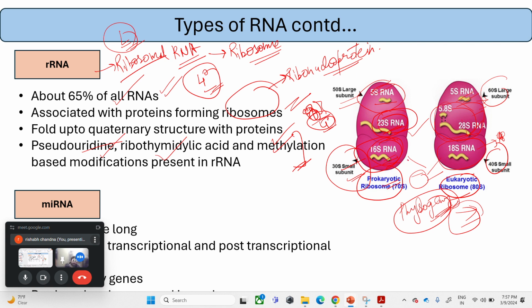So we study the 16S and 18S rRNAs. Okay, so this was the thing about ribosomal RNA.